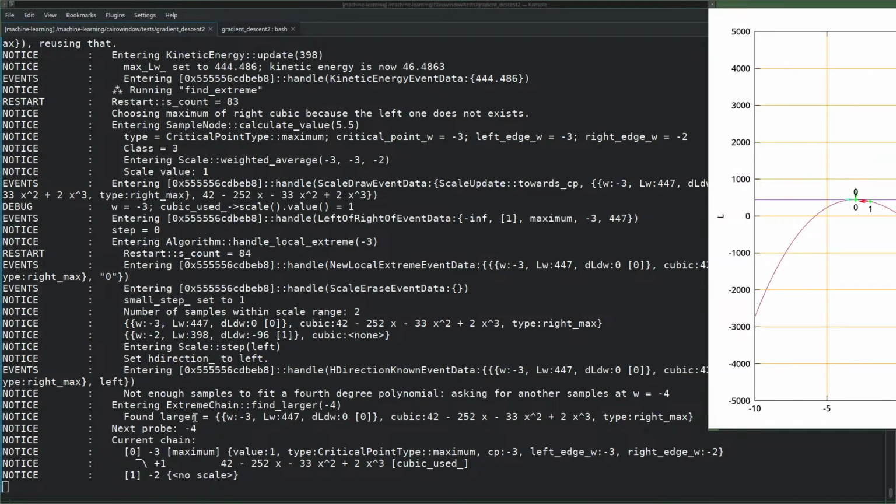Do I want to debug this again? Maybe I do.